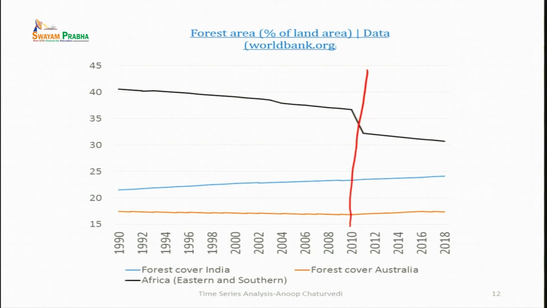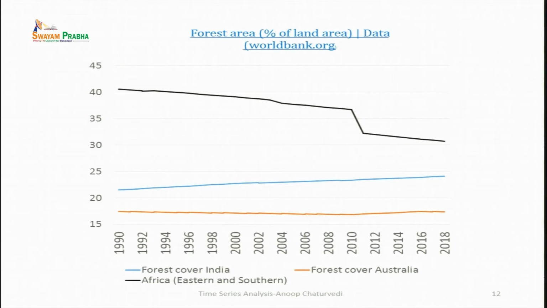But if you consider the time series data and look at the nature of time series data, then you can say that the percentage of forest cover area of Australia has a long term tendency to remain constant. It is almost constant. The percentage of forest cover area of India has an increasing trend, whereas the forest cover area of Africa has a trend to decrease.